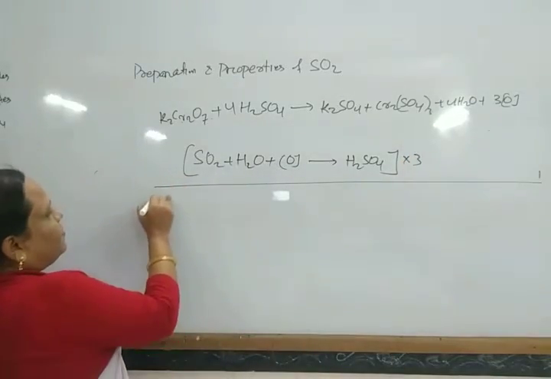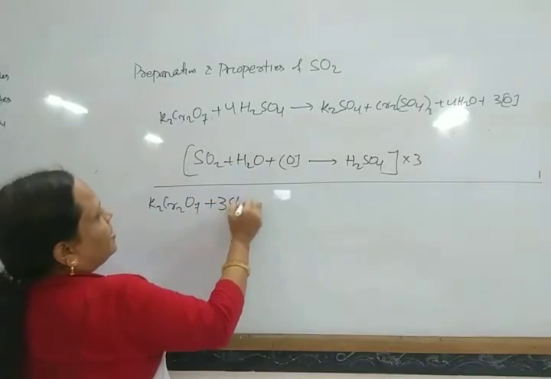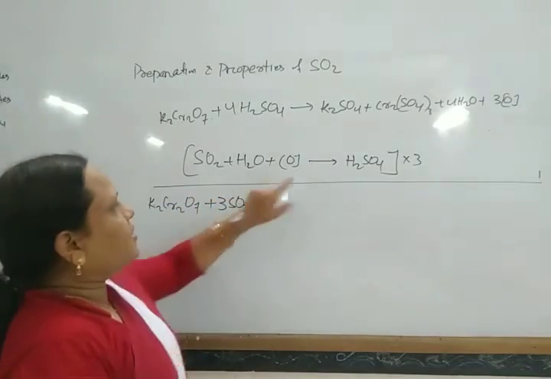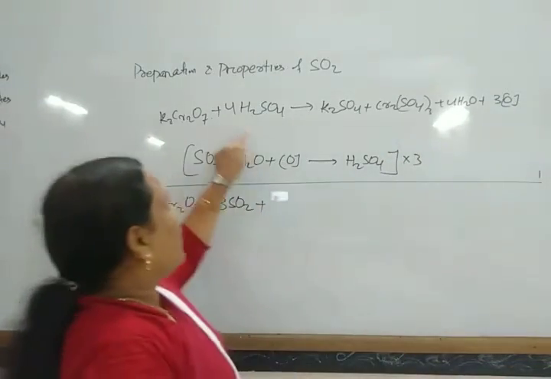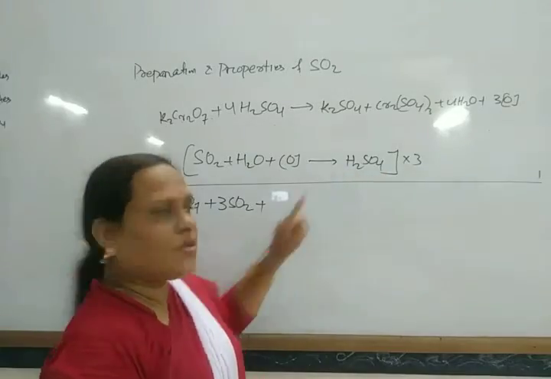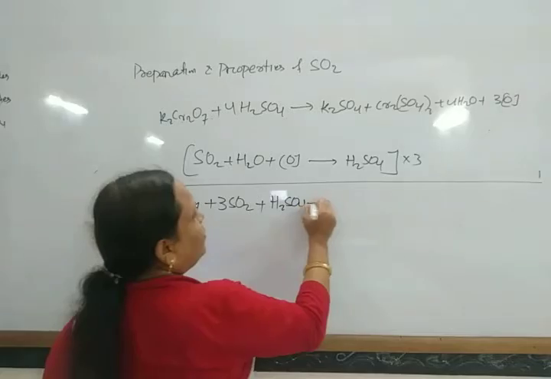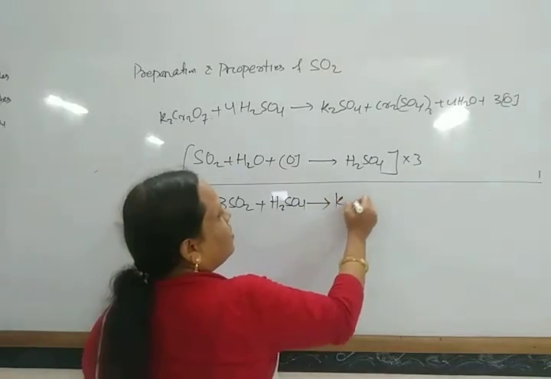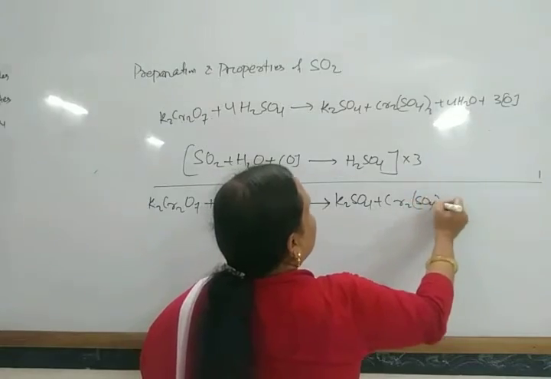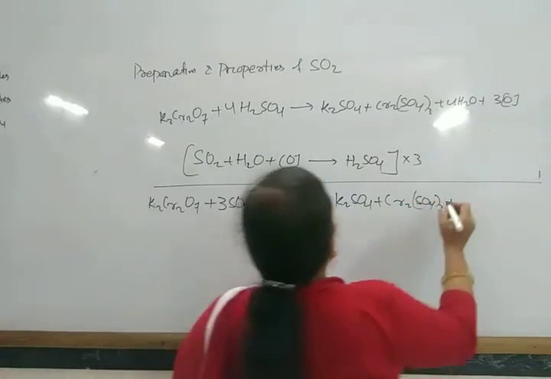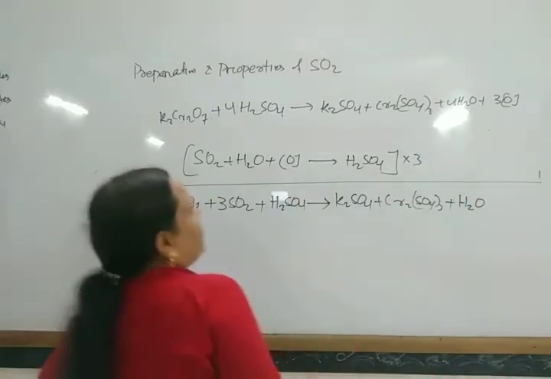It gives K2Cr2O7 plus 3SO2 plus H2SO4 giving potassium sulfate, chromium sulfate, and water.